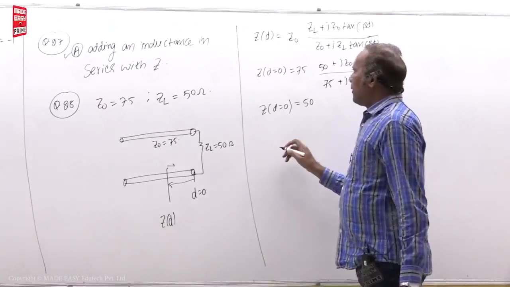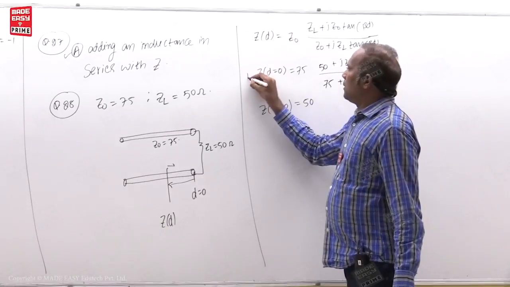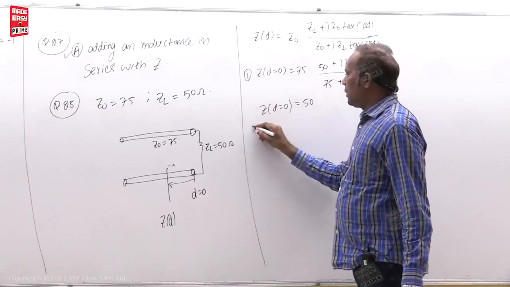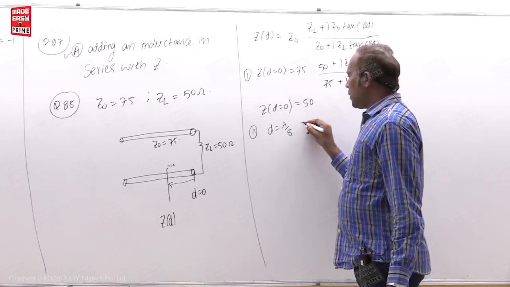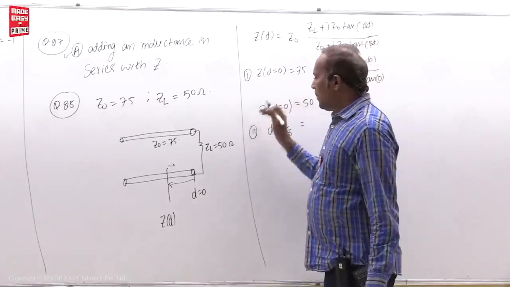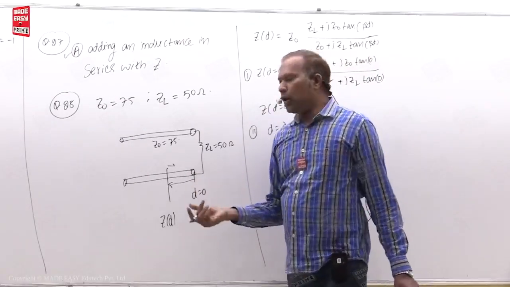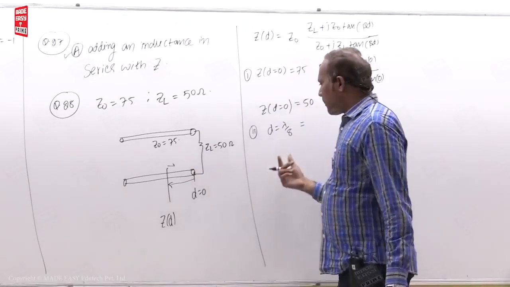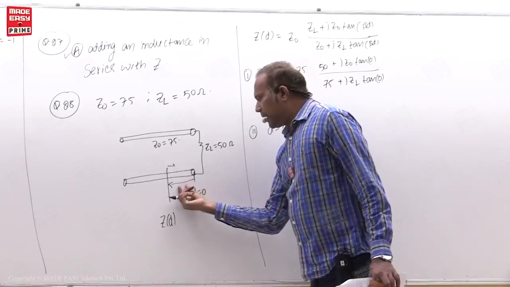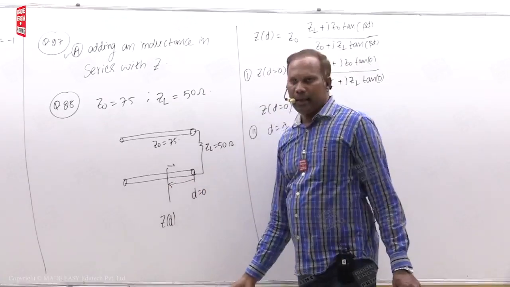Next, for example, that is the formula. I am doing two substitutions. At D is equal to lambda by 8, what does it mean? At D equal to 0, the length of the transmission line is 0, at the load. If I take D is equal to lambda by 8, I am increasing the length of the transmission line.